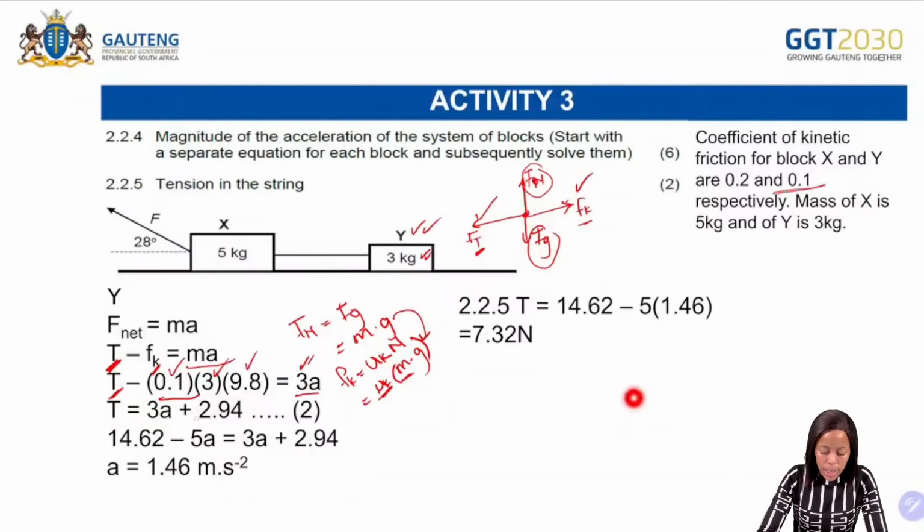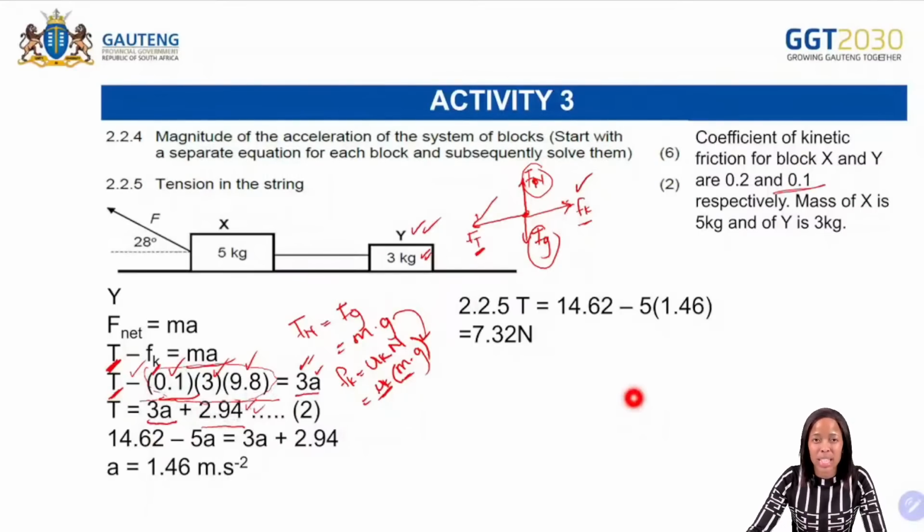Then again, we need to solve. When we solve this one, it gives us 2,94. On the right-hand side we had 3a, and we solved for the kinetic friction. When you take it to the other side, it changes sign and becomes positive.